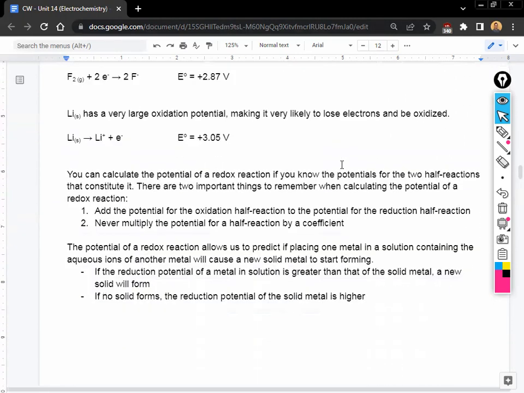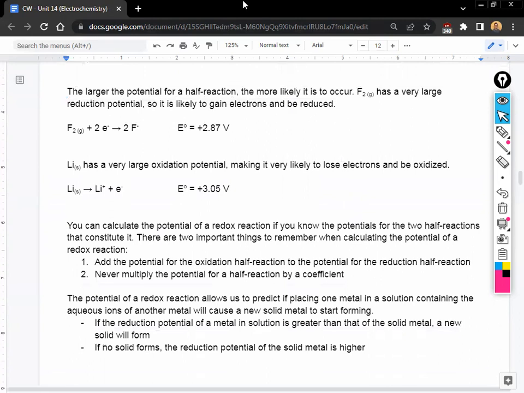Okay. Now, this is the key thing that you guys want to write down, and this is what you really want to know for reduction potentials, because this will be the guiding factor for the rest of the unit. The larger the reduction potential for a half reaction, the more likely it is to occur.